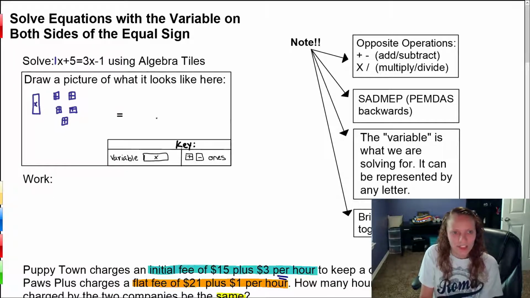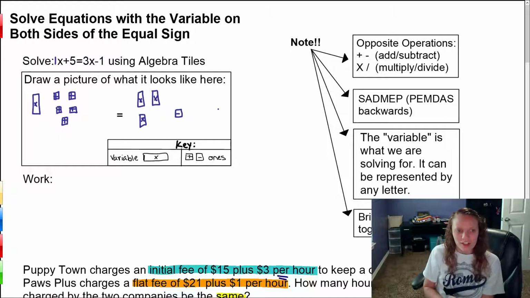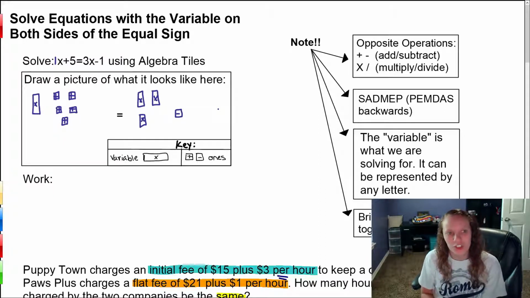Equals, so on the other side of the equal sign we're going to have 3 x's, which are 3 rectangles. And then minus 1, so it's a little square, but this one is negative. Okay, so this is what the picture of this equation would look like.